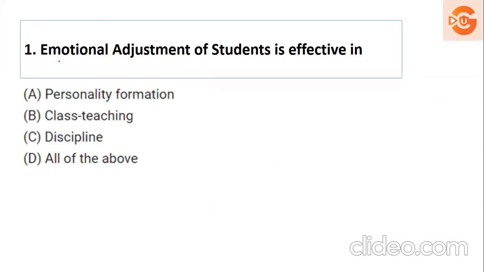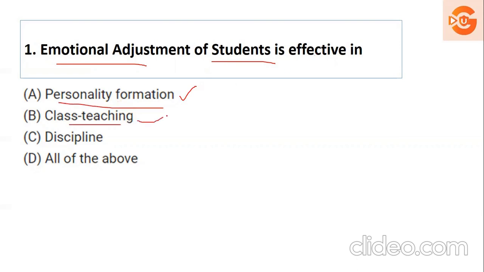The first question is: emotional adjustment of students is effective in. Now, when we talk about emotional adjustment with respect to students, it is effective in which of the following? It is effective in personality formation. Yes, very true, because we want our children to develop themselves in different aspects. So personality formation is a very important effectiveness.